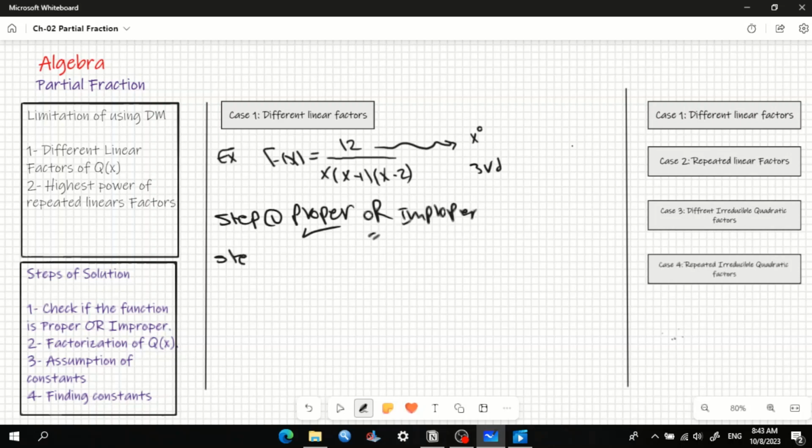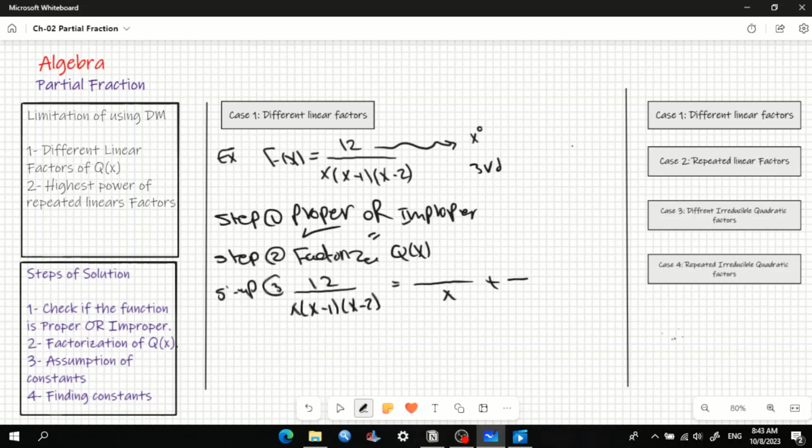Step 2, factorize q of x. Here q of x is already factorized. So let's move to the third step. Just rewrite 12 over x (x minus 1)(x minus 2) equal to A over x plus B over (x minus 1) plus C over (x minus 2).